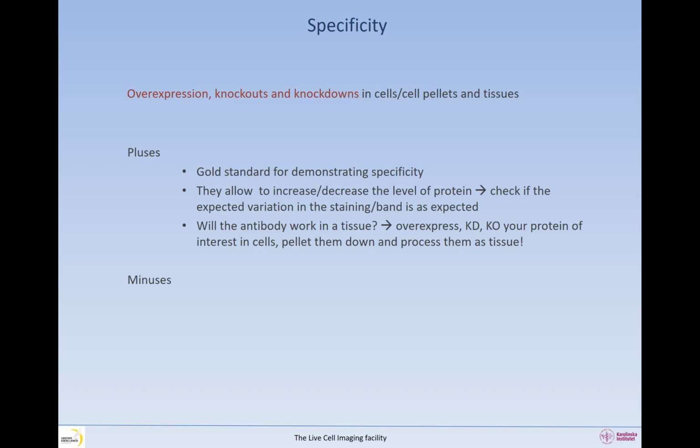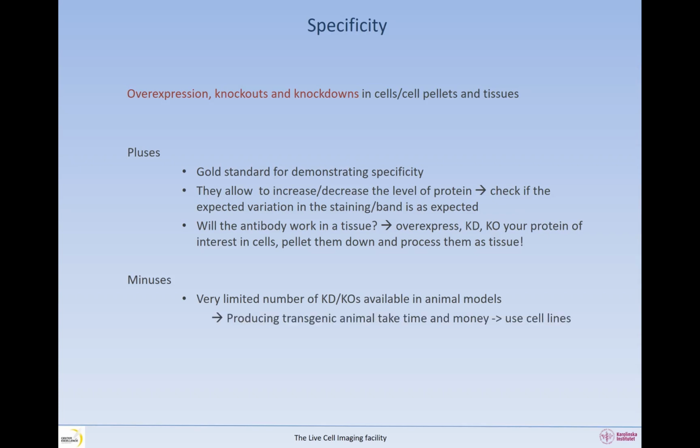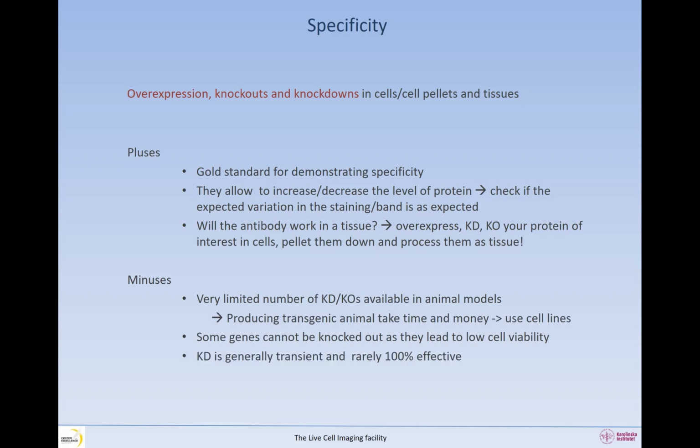The minuses of this approach are that there are very limited numbers of knockdowns and knockouts available in animal models. Producing transgenic animals takes time and money, so you might use cell lines. Some genes cannot be knocked out as they will lead to low cell viability, and knockdowns are generally transient, rarely 100% effective. So you need controls like real-time PCR or Western blot to validate them.